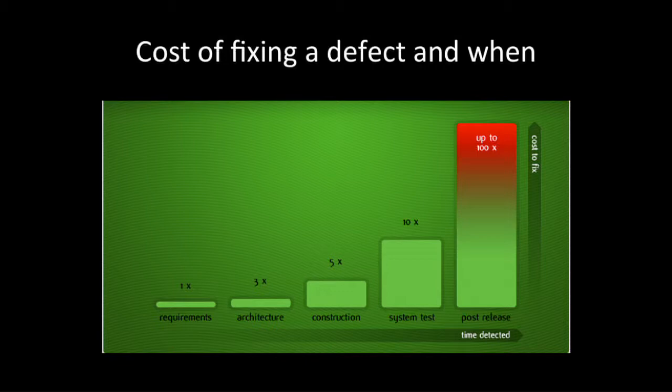If it makes it to post-release, that same defect now costs $10,000. And all that really accounts for is person hours to find it, fix it, test it, redeploy it. It doesn't count things like lost sales, angry customers, violated SLA, potential security exposure, any of that other stuff. Now, I'm not saying that if you do this, you'll never have defects down here.